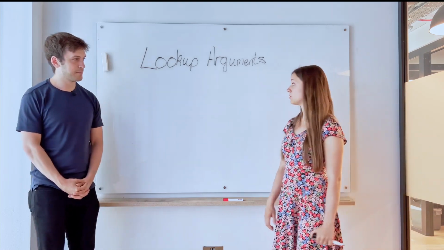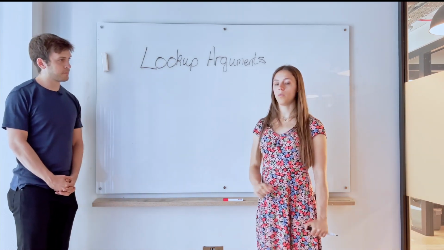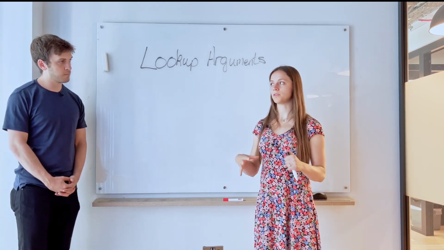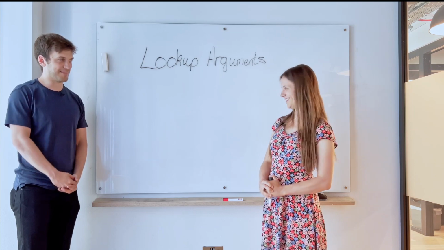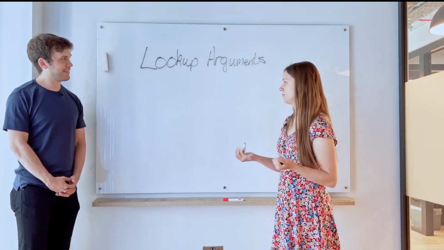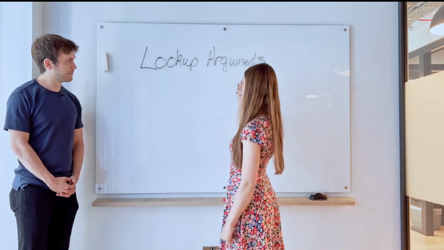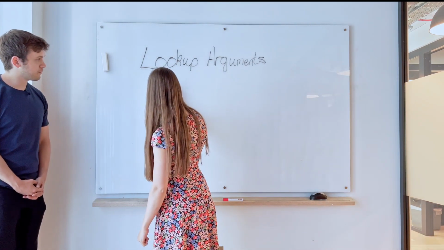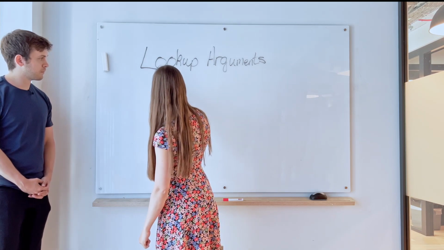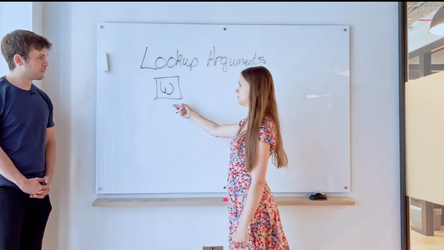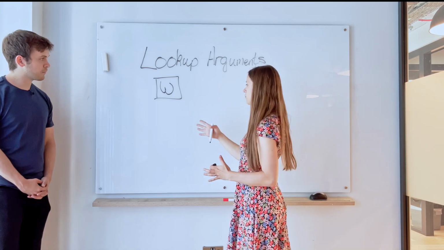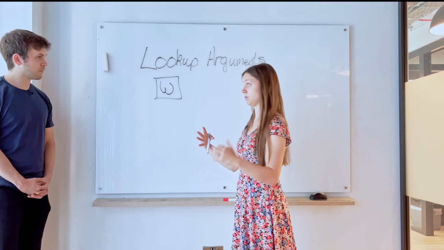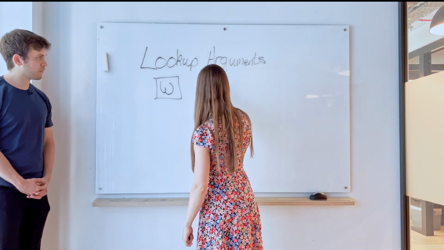So today I'm going to be talking about lookup arguments, which are a key technique in the Snark world to try and make provers faster. With a lookup argument, you would have some value W, which is secret. You're trying to keep it hidden, but equally you do want some kind of constraint on W. You want that it's included in some kind of set, and this set would be public.